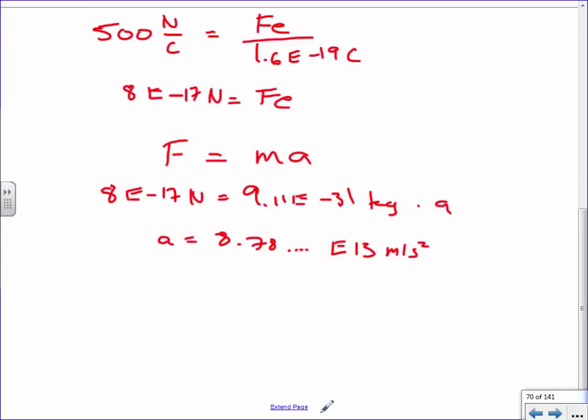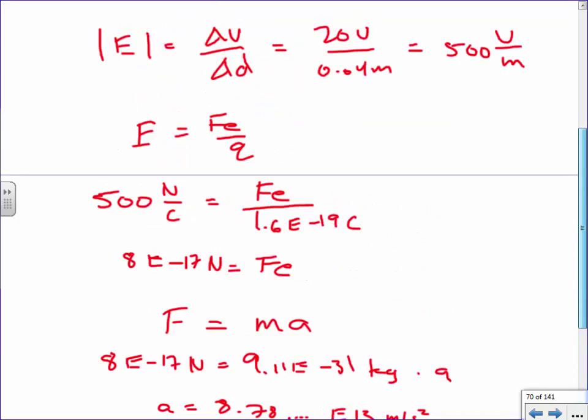Oh, we've already done like 3 formulas here. I think in this example it makes more sense just to find numbers as you go along, just go from this one to this one to this one. We're almost there. I have an acceleration. I know how fast this electron is accelerating.